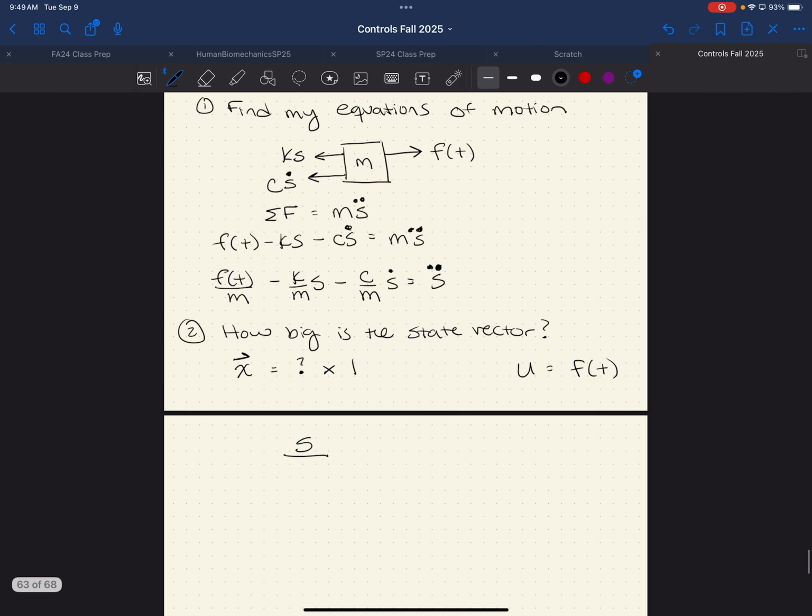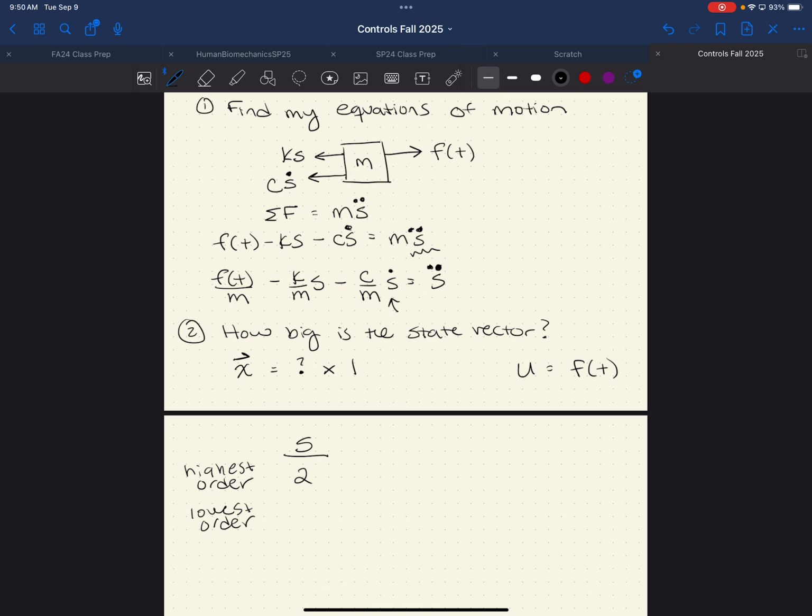All right, so what is my highest order of S? So 2. Yep, we have an S double dot here, so that's 2. And what is the lowest one represented? 1, 0.